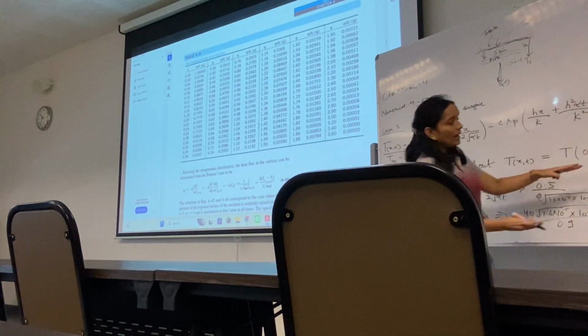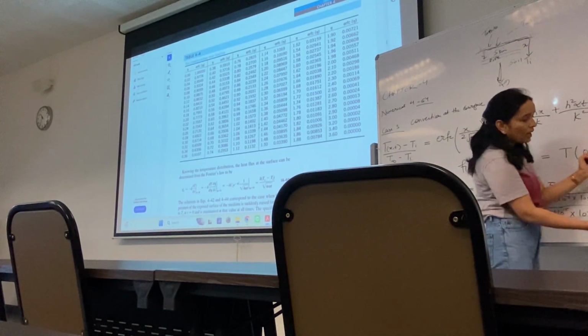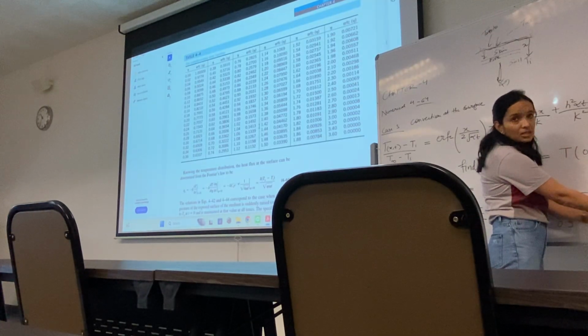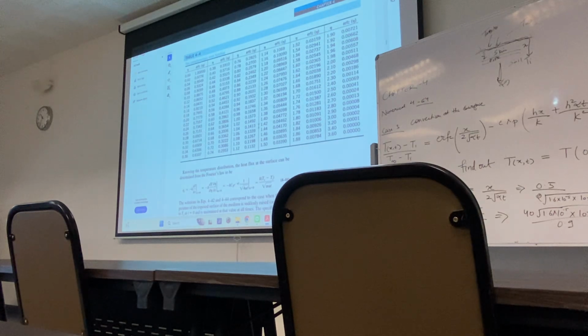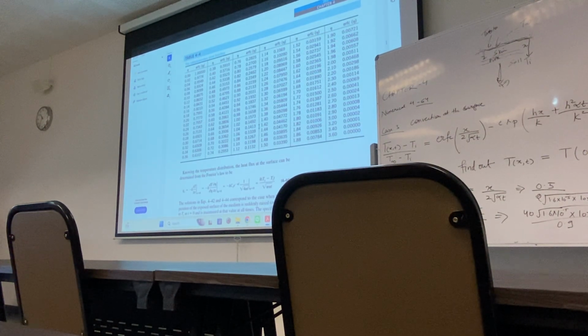So if I add these two, no need to add. This is already very high, so this is 0. Okay. So I will write down here ERFC eta should be less than 3.60.